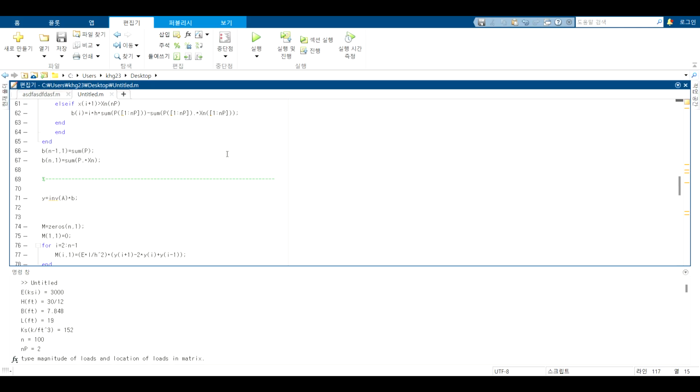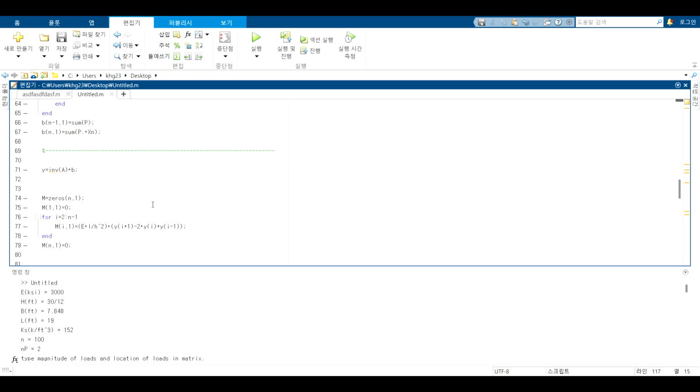Although this can be done using inverse A multiplied by B like this in MATLAB, this solution gives us the deflection at each node. Using the deflection values, we then compute the moment at each location by applying the finite difference approximation of the second derivative.